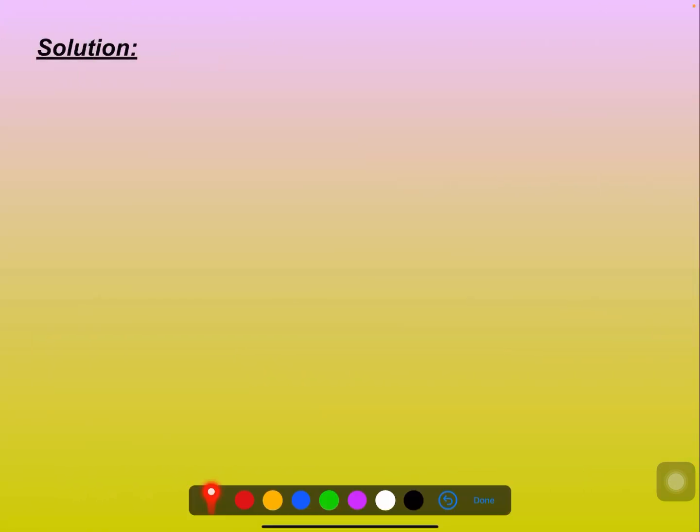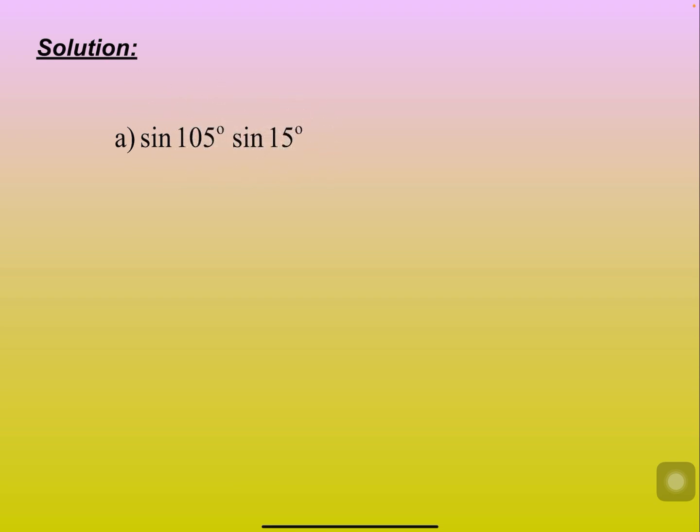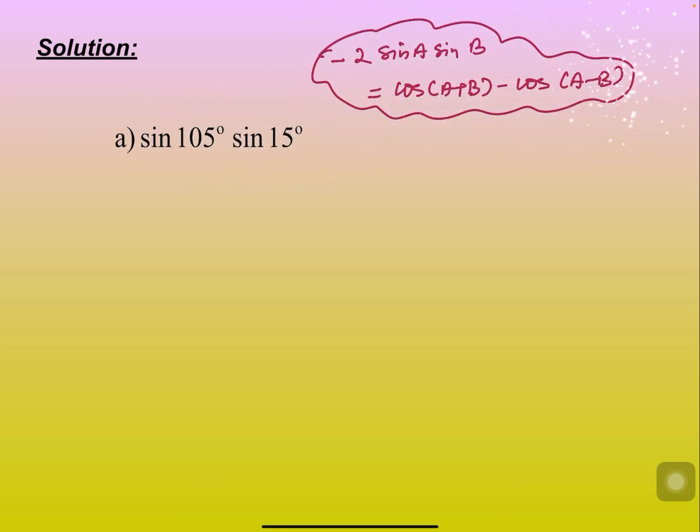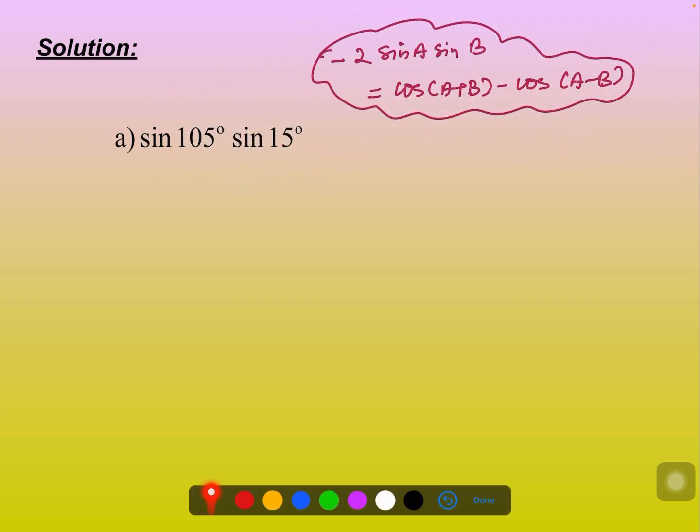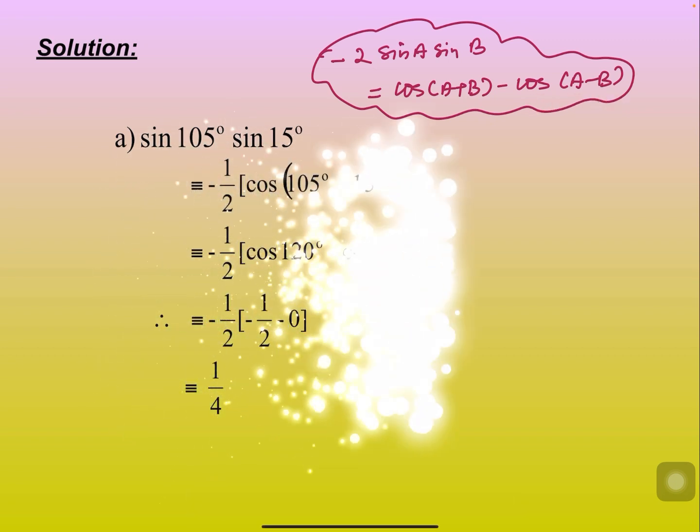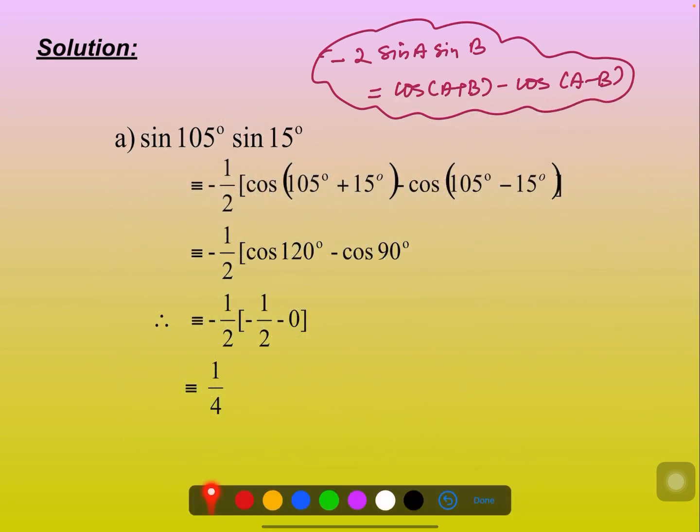So we'll have here, use this formula, minus 2 sine A sine B equals cos (A plus B) minus cos (A minus B). What we want now is just sine A sine B, so minus 2 will be brought into this side.